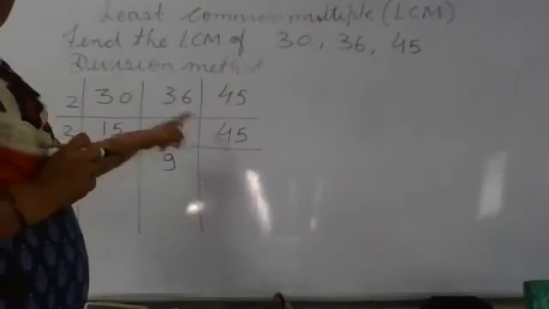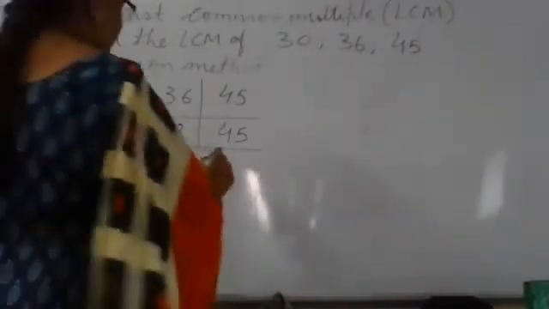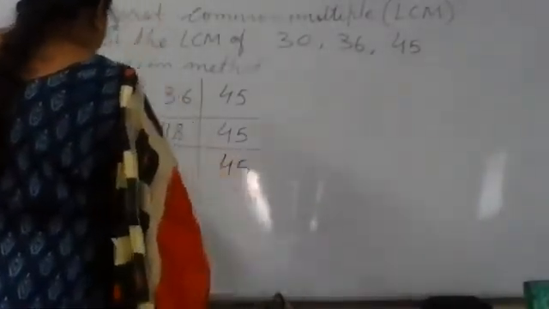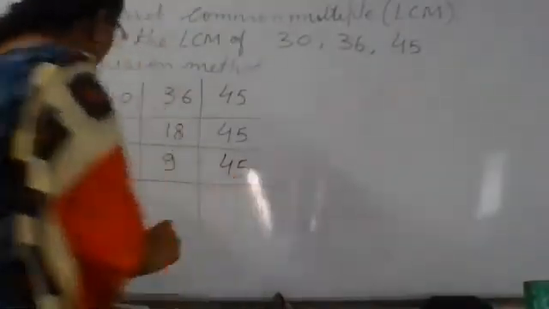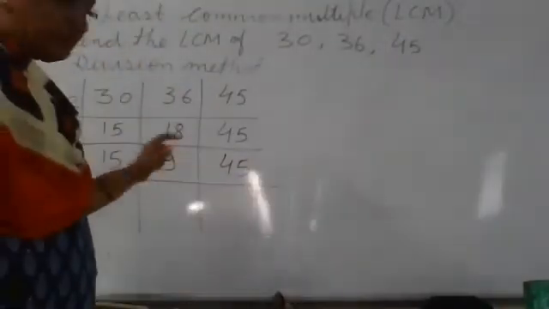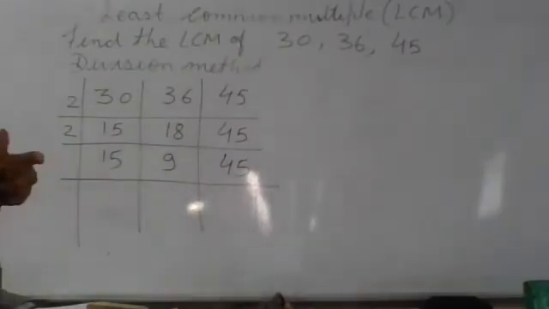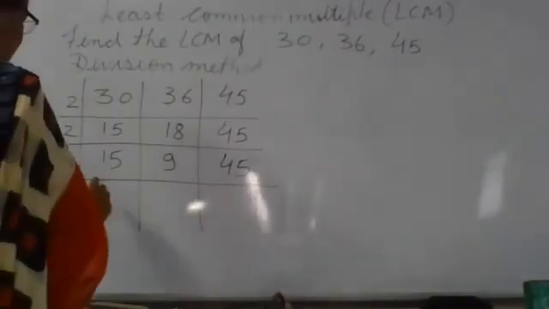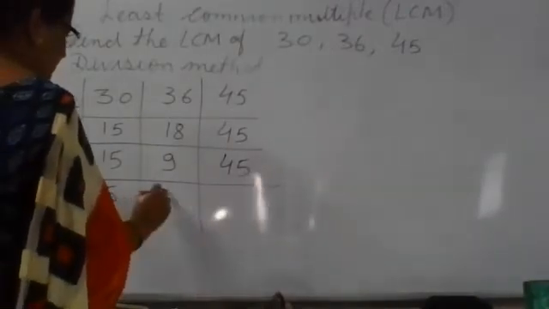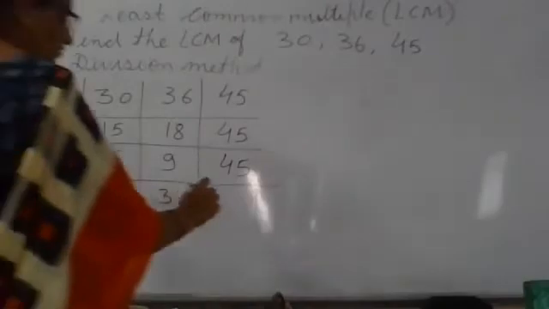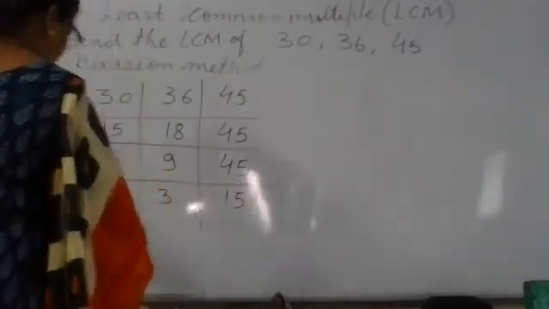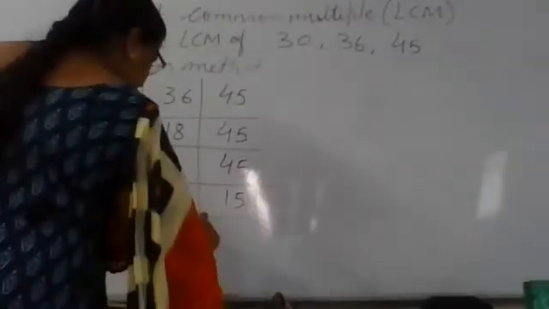Again 45 is not divisible by 2, so write down the 45 as it is. Now see, our remainders are 15, 9 and 45. So no remainder is even, so we will take the next prime, 3. 3 5s are 15, 3 3s are 9 and 3 15s are 45.